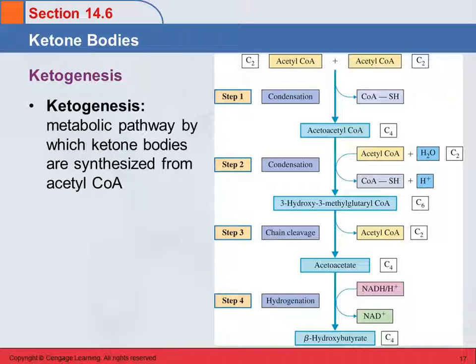So we've taken a C2 and a C2, we combine them, we get a C4. We add in another C2, now we've got a C6. Then that gets cleaved, and now we're back to a C4. We've got acetoacetate, that's one of the ketone bodies. And we can have hydrogenation and get beta-hydroxybutyrate, one of the other ketone bodies.